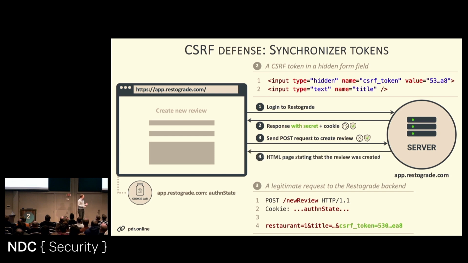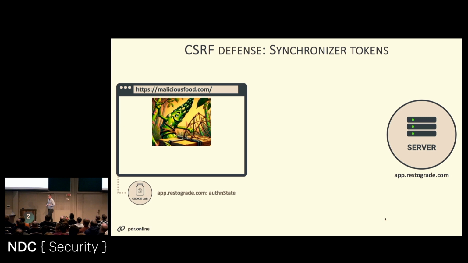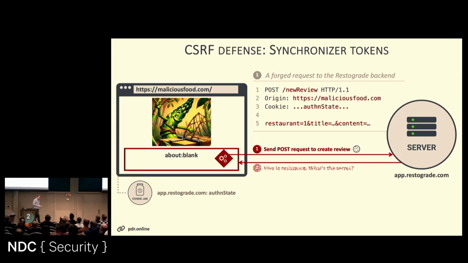When the attacker comes around, the attacker can try and launch the attack and send the request, and the cookie will be there, but they have to provide a token as well, otherwise it's not going to work. If there's no token, then the server is going to be like, no, there's no CSRF token here, go away.